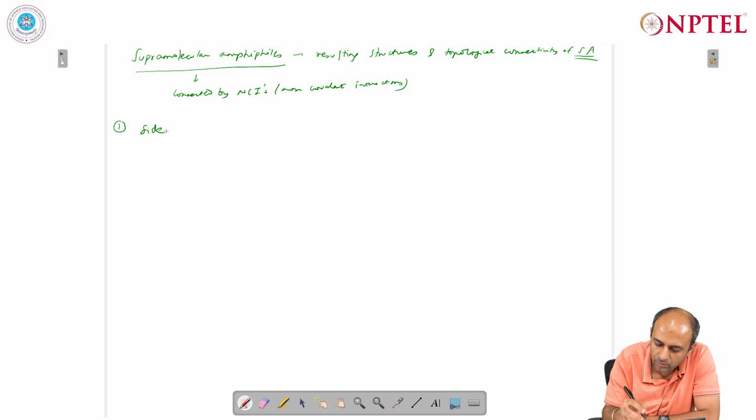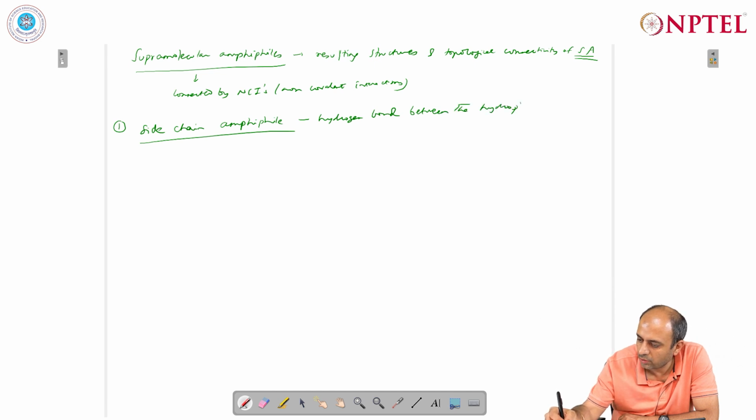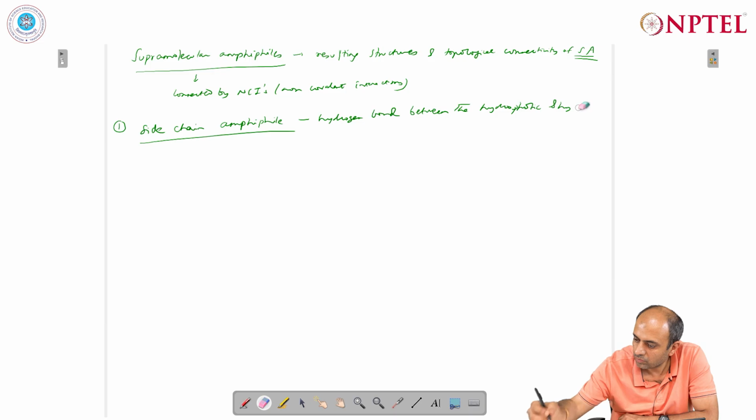Number one is the side chain amphiphile, in which there exists a hydrogen bond between the hydrophobic and hydrophilic portions of the amphiphiles.